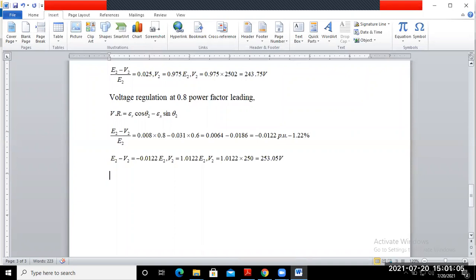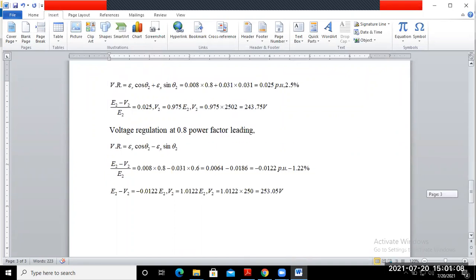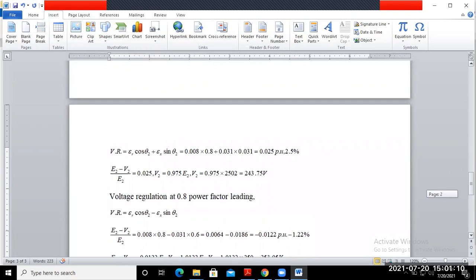So in this way you can solve some problems and practice based on the different parameter configuration problems. Okay. So you will find out voltage regulation, efficiency, and condition of maximum efficiency in one problem. So you just try to focus on the basic formula, whatever the voltage regulation for the lagging power factor and leading power factor.